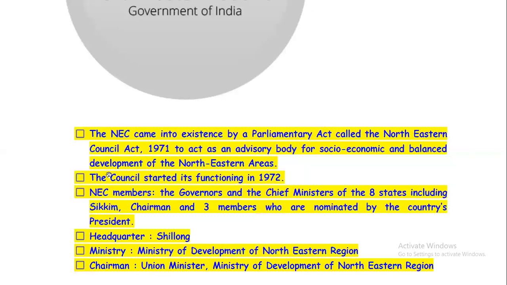And why is this body framed? This body is framed to act as an advisory body for socio-economic and balanced development of Northeastern areas. Although it is the Act of 1971, this council actually started its functioning in 1972.